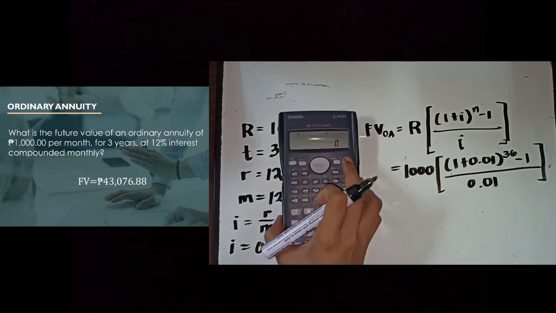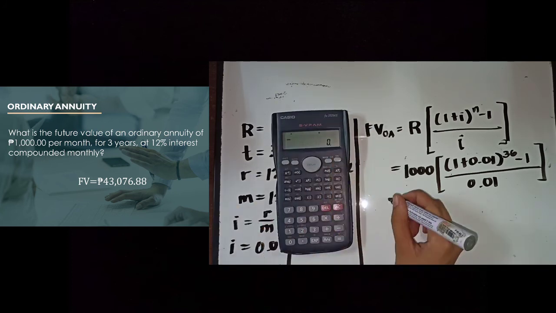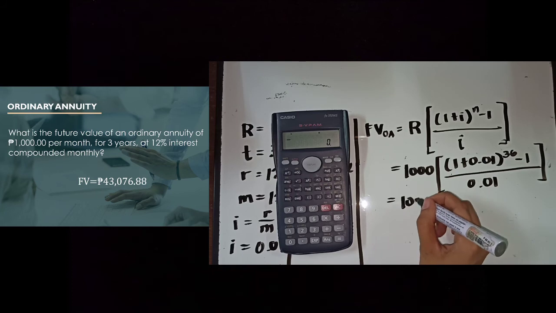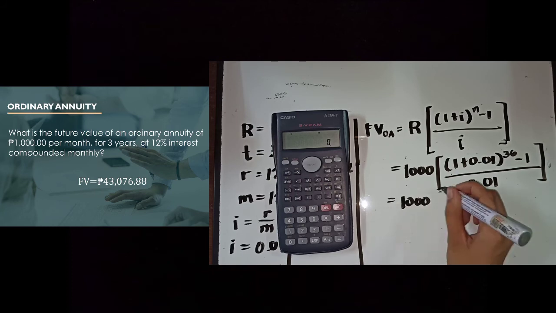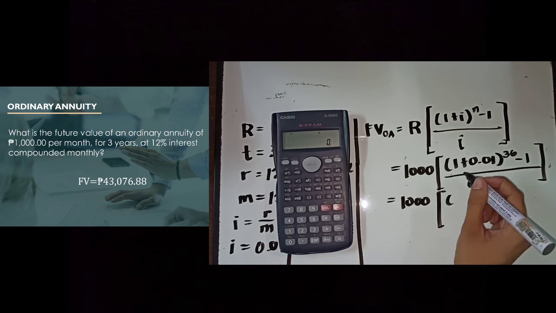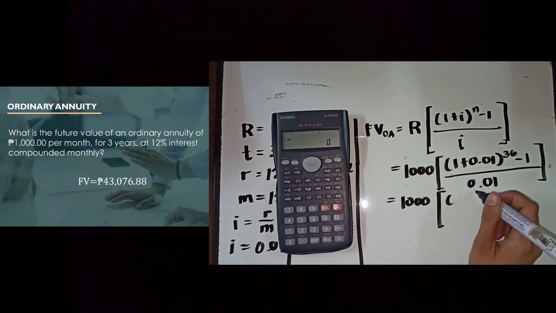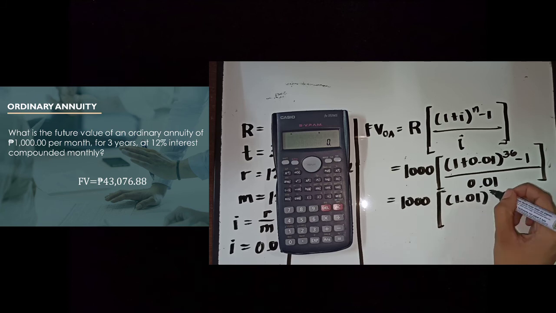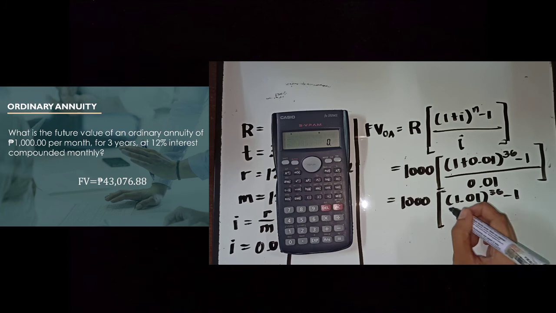So that is equal to 1,000 multiplied by 1.01 raised to 36 minus 1 over 0.01.